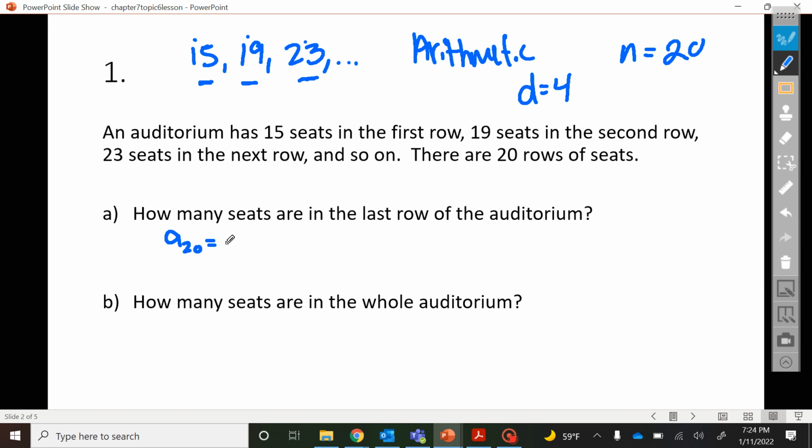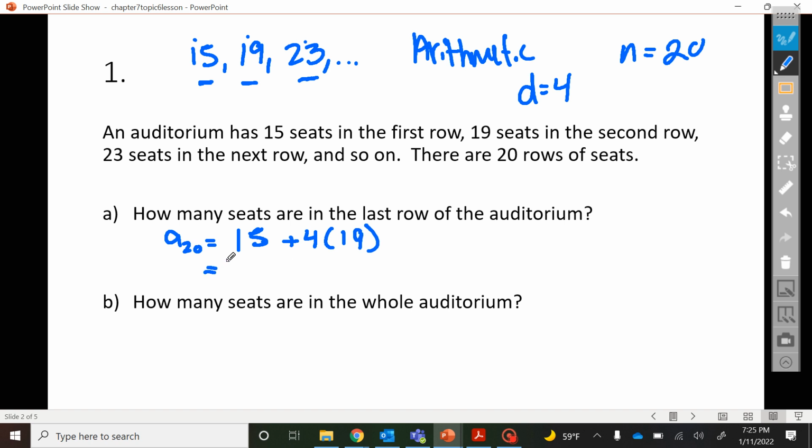We can find the 20th term by using the formula for an arithmetic sequence. Take the first term and add the difference n minus 1 times. Since n is 20, we add the difference 19 times.